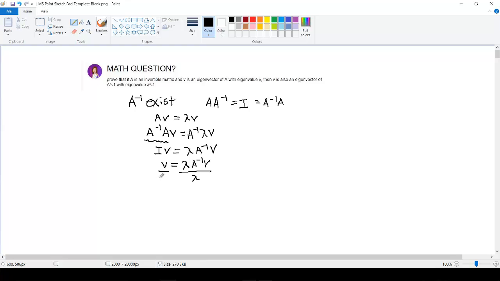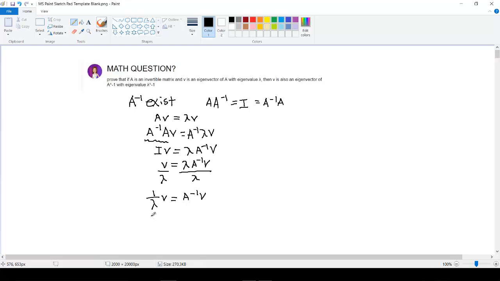So I can divide by lambda, and I'll get 1 over lambda times V equals A inverse times V. By the way, here's the little trick: the inverse of a number is just 1 over that number, right?